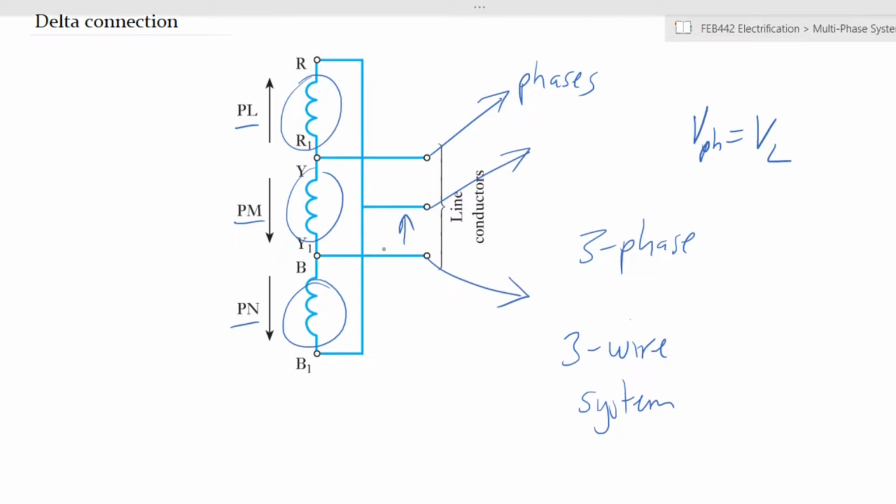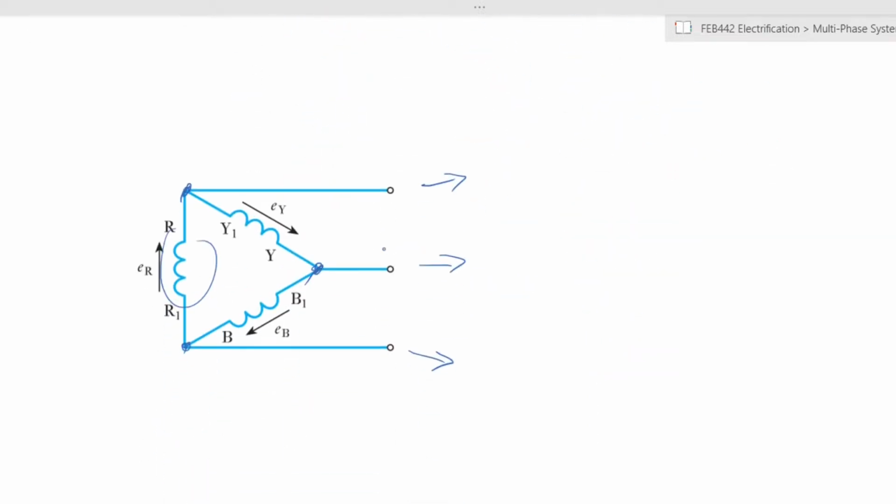Because they are constituting the same thing. If you look at it from this point of view, this makes it even easier to look at. Your voltage here, EY, for example, is the same as here, okay? There is no difference, yeah? These connecting points on either side, the voltages are the same. So phase voltage is equal to line voltage in the case of delta, okay?